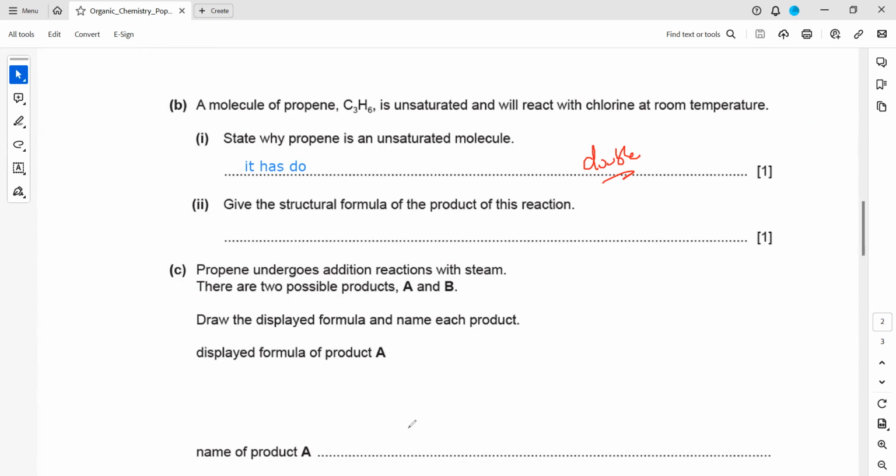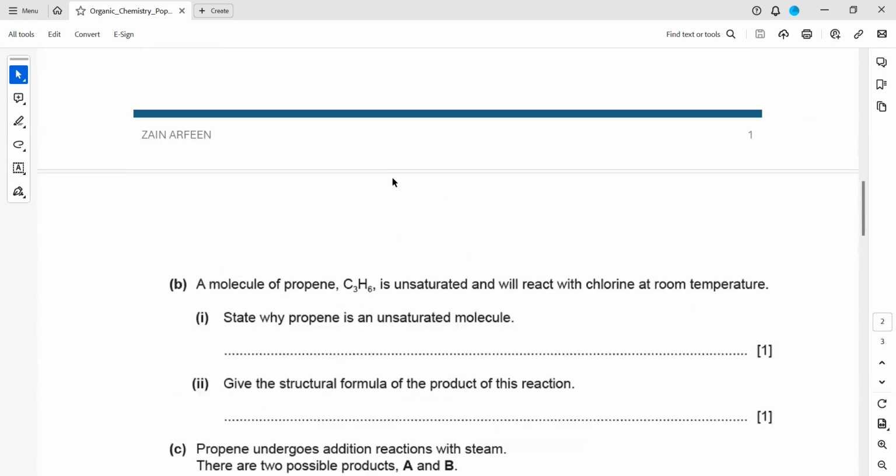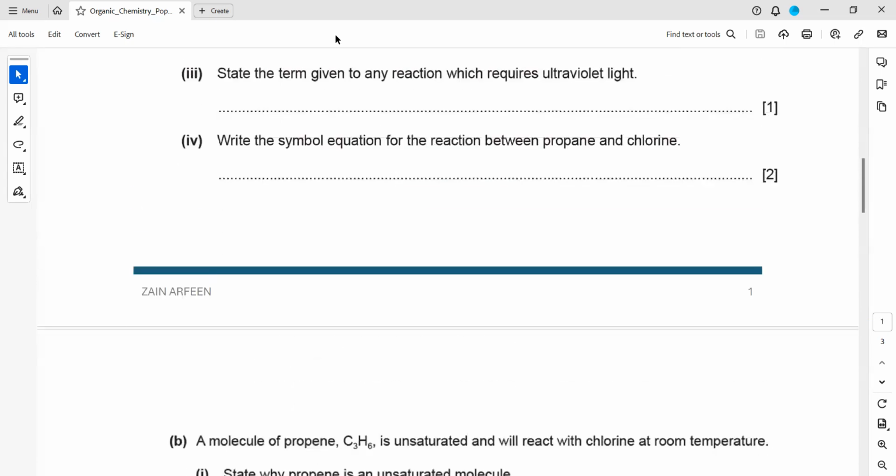HCl is not a reactant. It should be chlorine there, like in the previous equation. Propane, which is C3H8, reacts with chlorine, which is Cl2. Chlorine will take the position of hydrogen, so it will give C3H7Cl plus HCl.